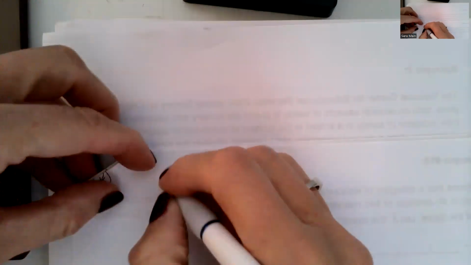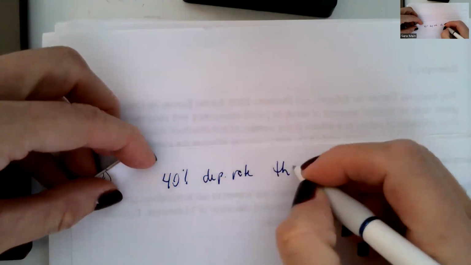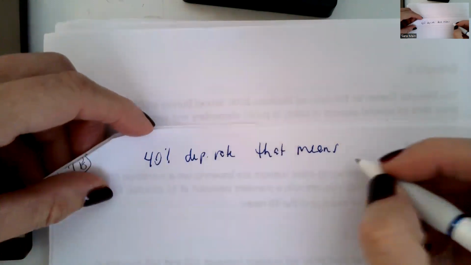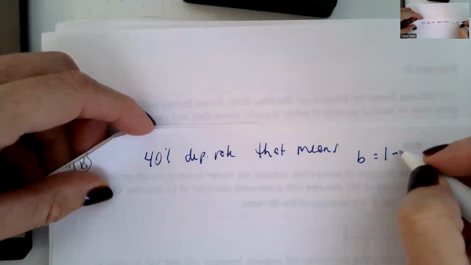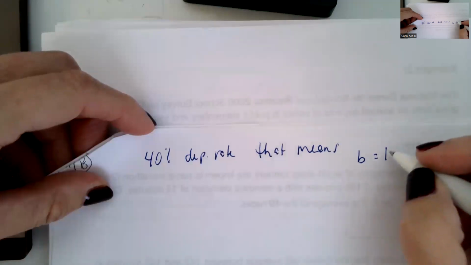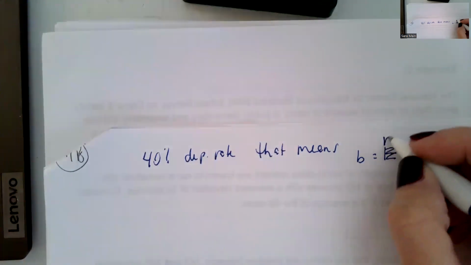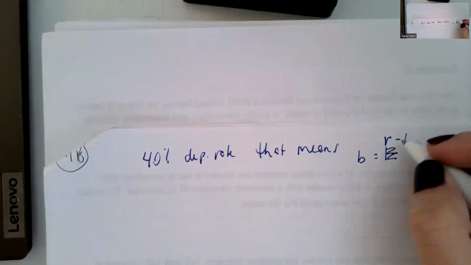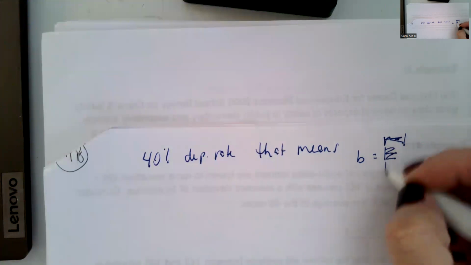So 40% is the depreciation rate. That means that our multiplier B is equal to one minus the relative growth.